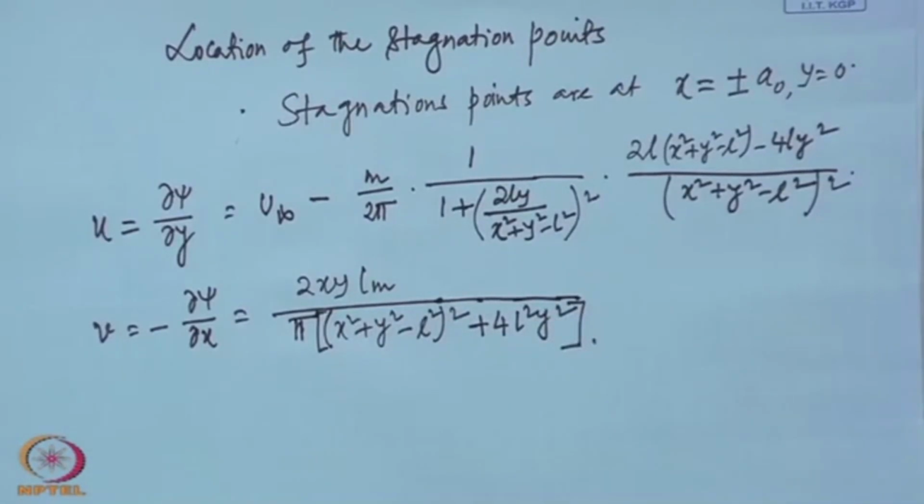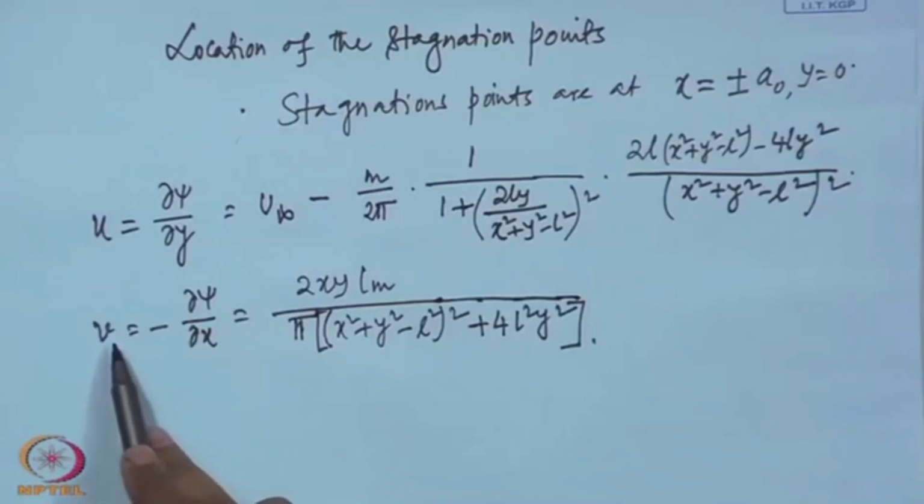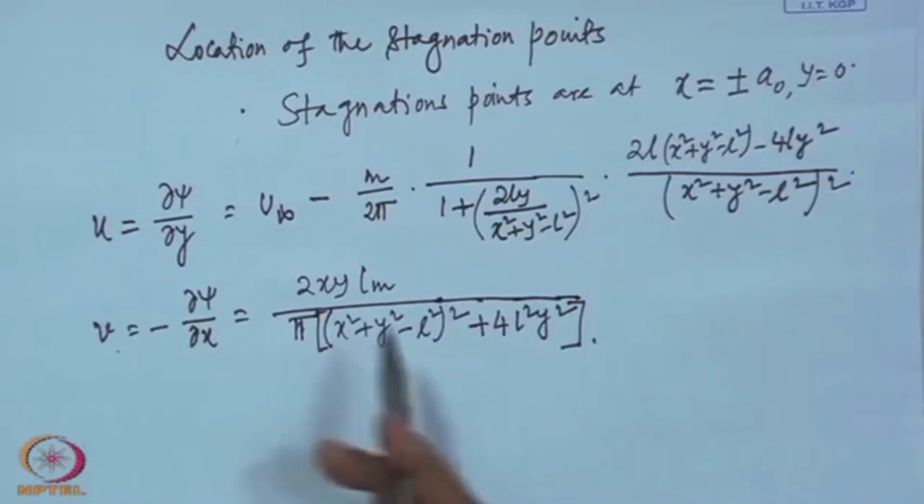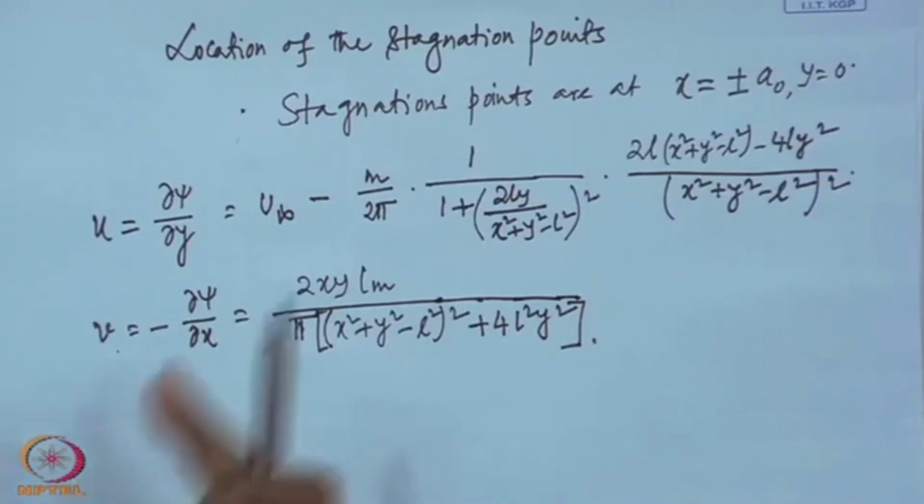See, it is not very important. I could have mentioned here, at least for this purpose, as far as finding the stagnation point is concerned. You can see that this V component is always 0 on the x axis, as long as y is 0, v is 0. So, for stagnation point what we need is we need to make u 0, that is all.